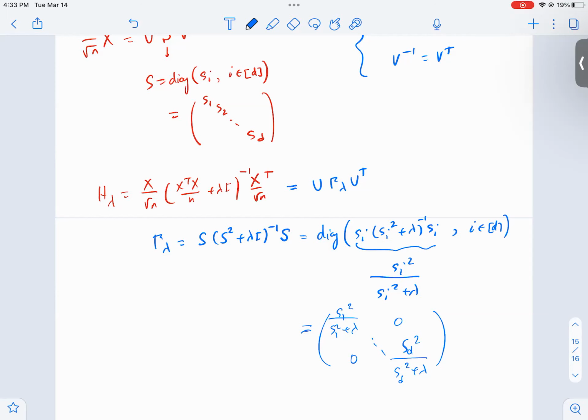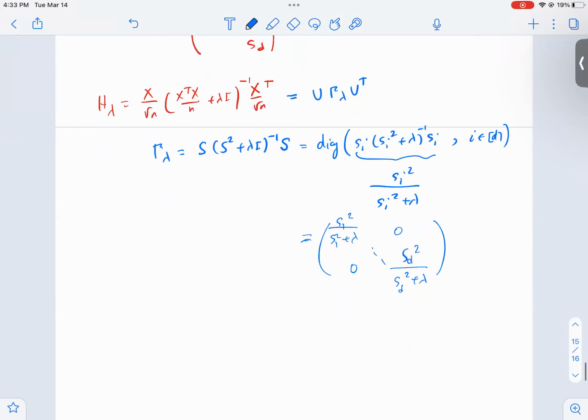Once you show this, you also can show that H squared is really U gamma lambda squared U transpose. And so for gamma lambda, you just square all these entries.